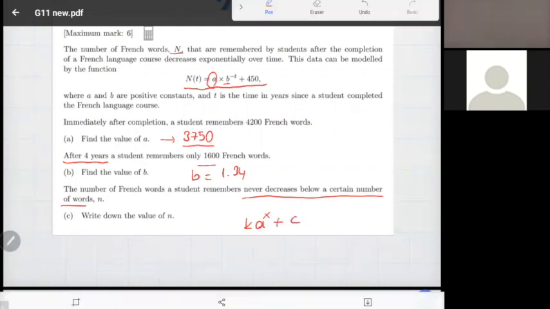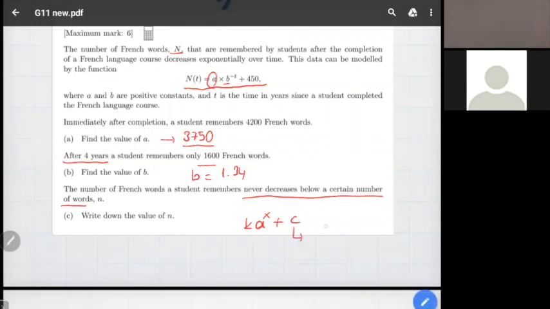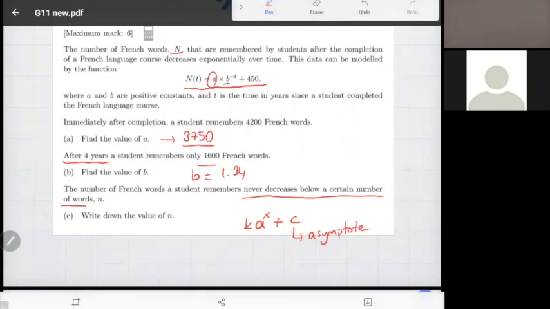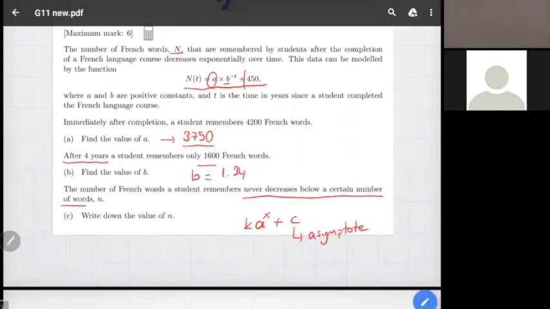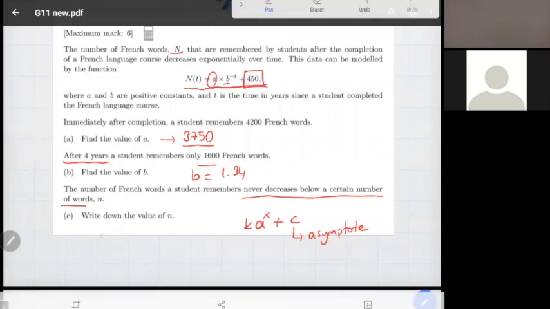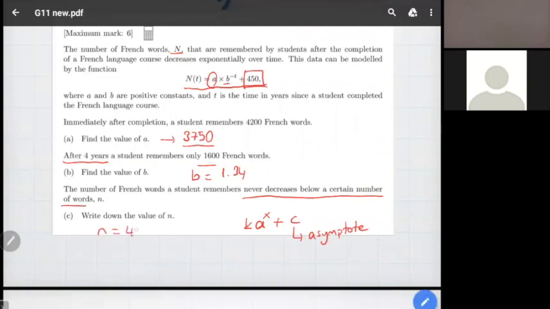And it is the general form of the equation for exponential growth or decay. And this number always shows the asymptote. So if you look at the equation, what is this number? This number is 450. So n is 450.